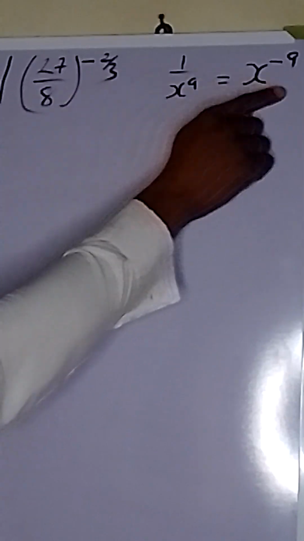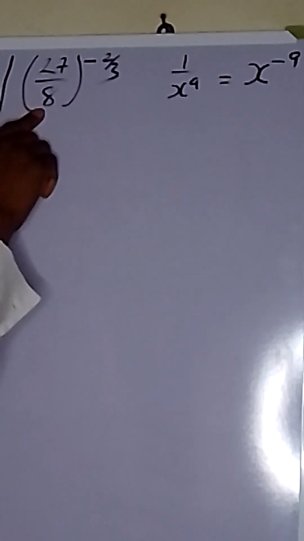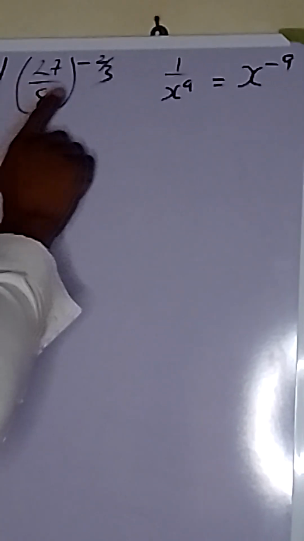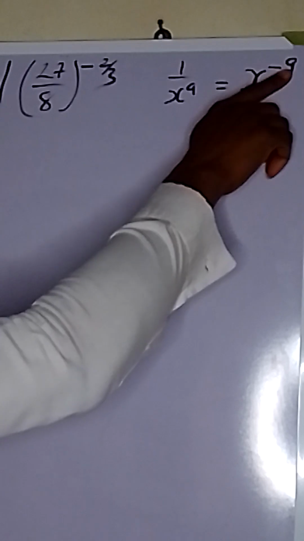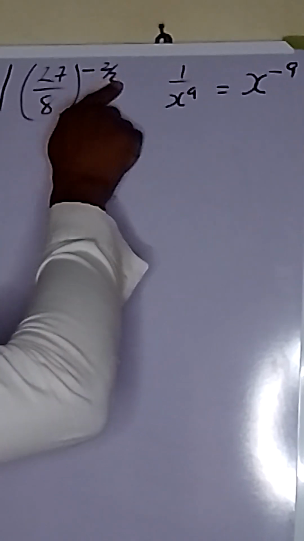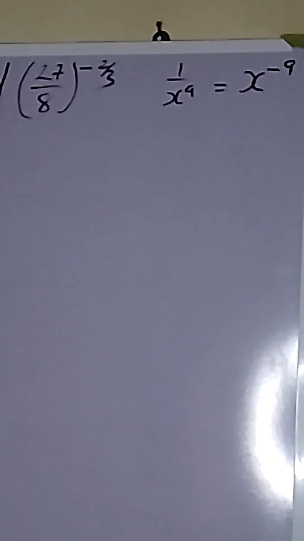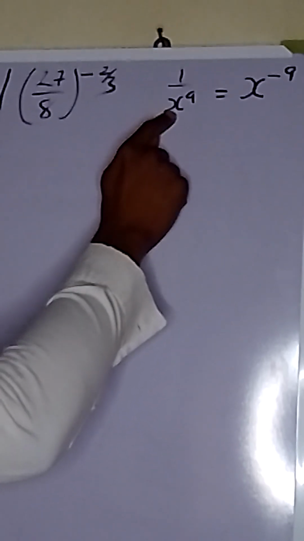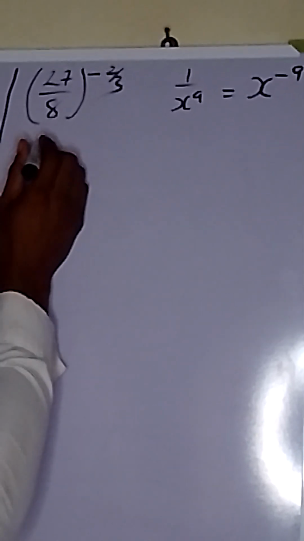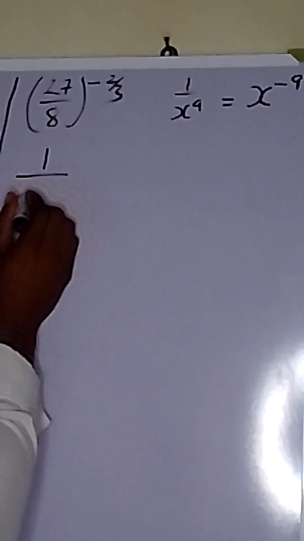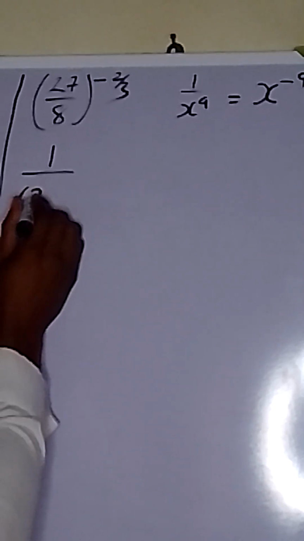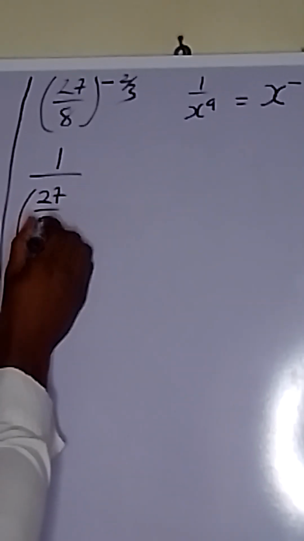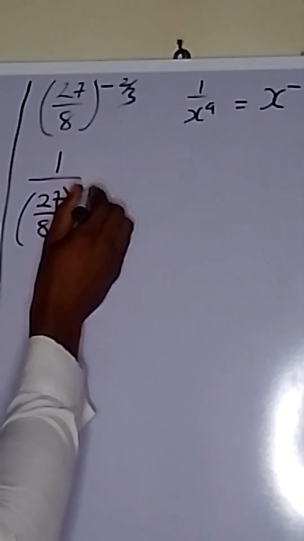Okay, you see that this is in this form now, where our x is 27 over 8 and our power a is minus 2 over 3. So in that case now, we can return from here to here by simply saying that this will be 1 all over 27 over 8 raised to the power 2 over 3.